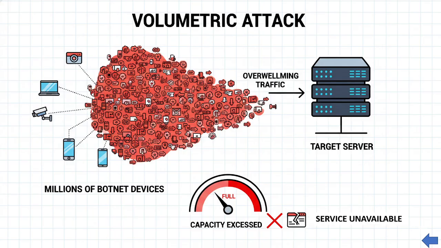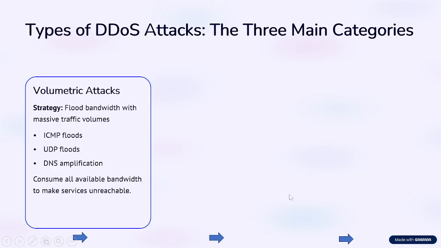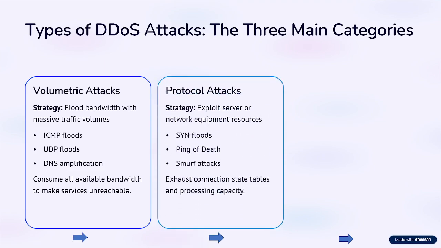It's a brute force approach designed to knock a service completely offline by sheer numerical superiority. Hope you understand it. So let's go back to our original slide. Now we are going to discuss protocol attacks.